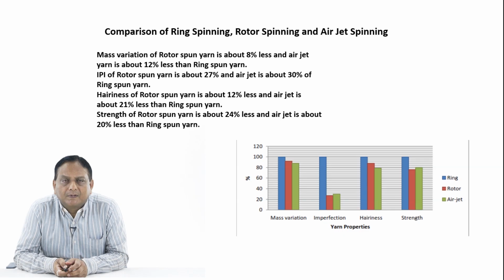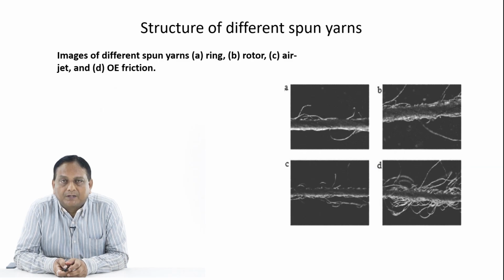And then the strength properties of rotor spun yarn are about 24% less and air jet is about 20% less than the ring spun yarn. So these are the different characteristics: mass variation of the yarn, imperfections in the yarn, hairiness of the yarn, and finally the strength. And we come to the conclusion that the ring spun yarn is much better in terms of strength properties.